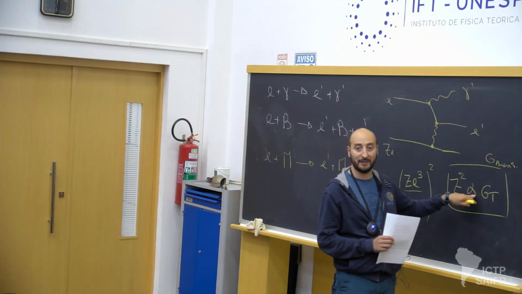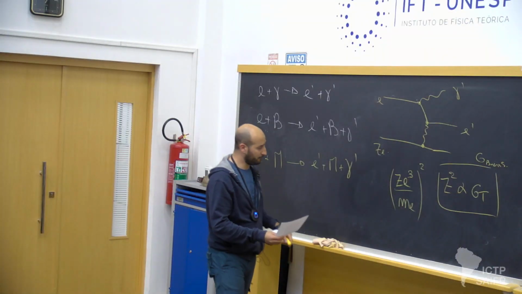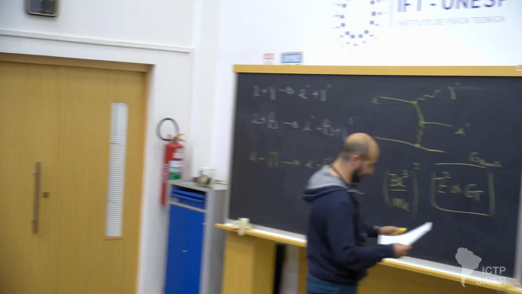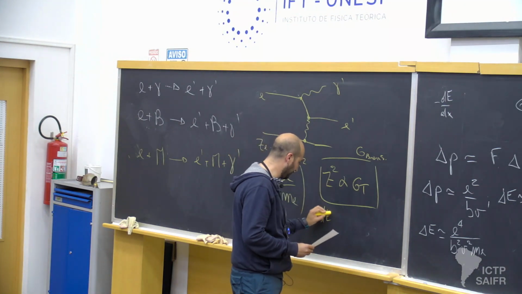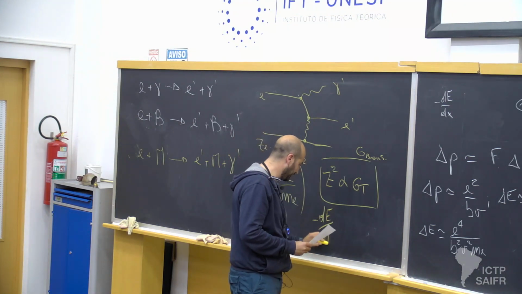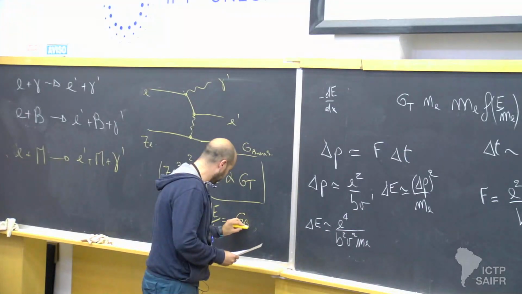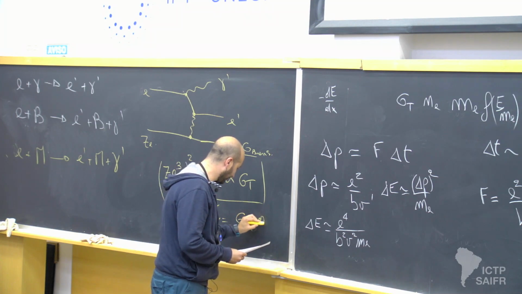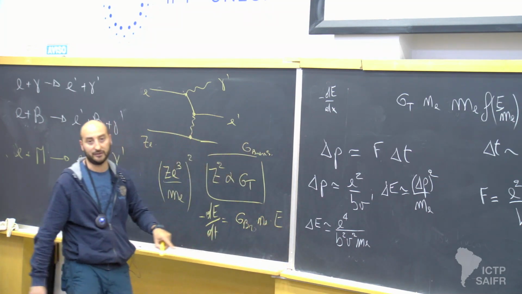But numerically speaking, this is suppressed with respect to Thomson. And another important feature that I just state is that in the energy loss rate, minus dE over dt, basically this is going like sigma Bremsstrahlung times the target of electrons times energy. So it's linear in energy.